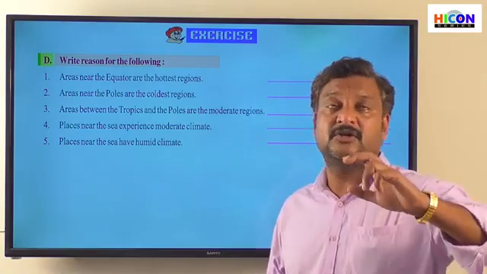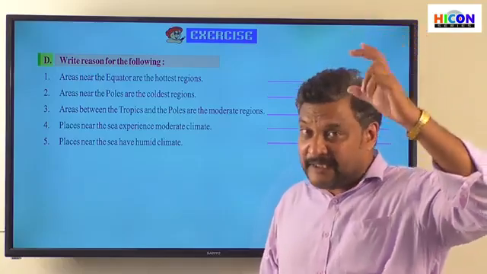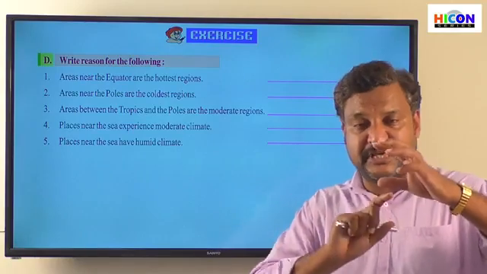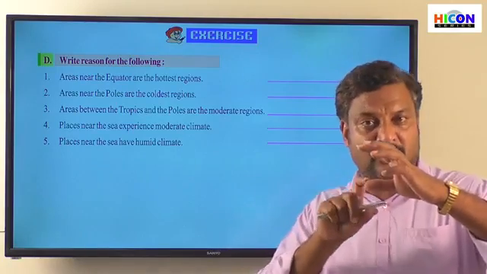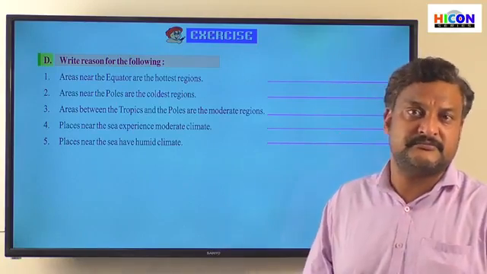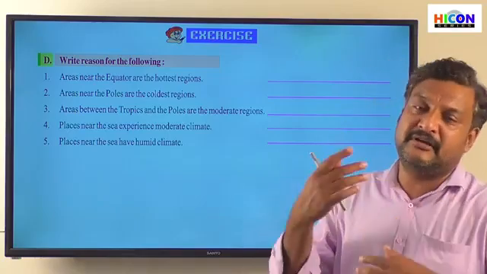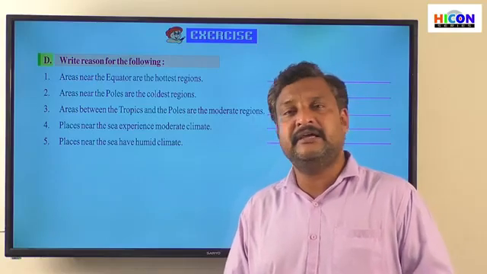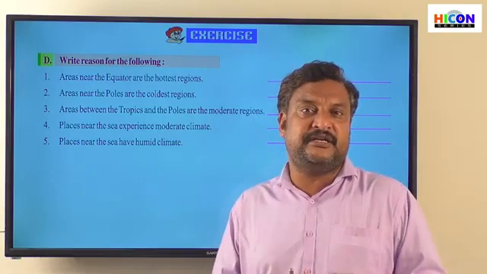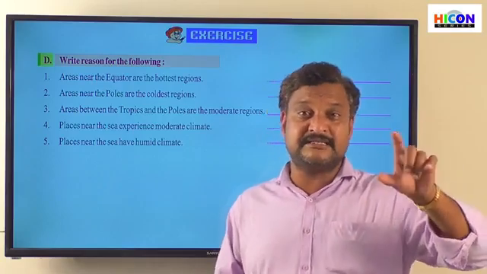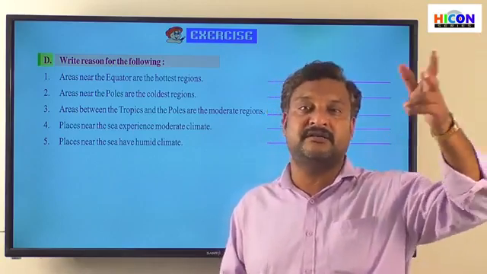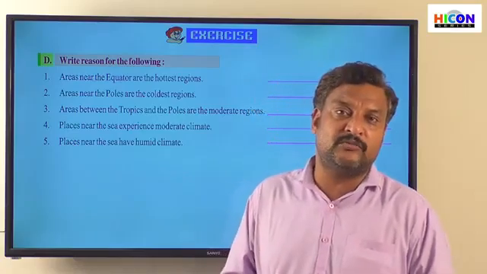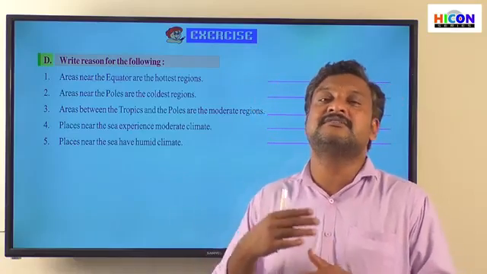It's very hot. Polar region, very cold. In between, we have the temperate zone. The change is happening from the hottest to the coldest. Obviously, it will be neither too hot nor too cold. Definitely, the climate in this region, which is the region of a transition from the hottest to the coldest, is neither too hot nor too cold, because it is a zone where all these kinds of changes are happening.